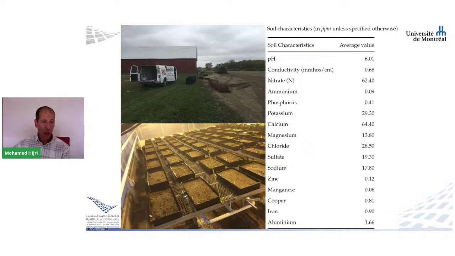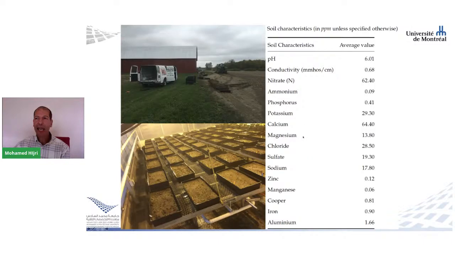So these are the trays with natural soil. The soil was a loamy sandy soil, and it was selected deliberately to be a very poor soil. As you can see here, it's slightly acidic soil and very, very poor in terms of nitrogen and phosphorus.